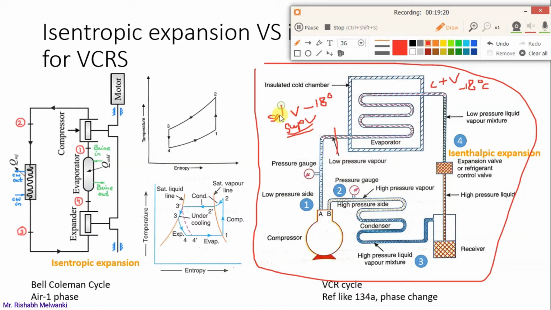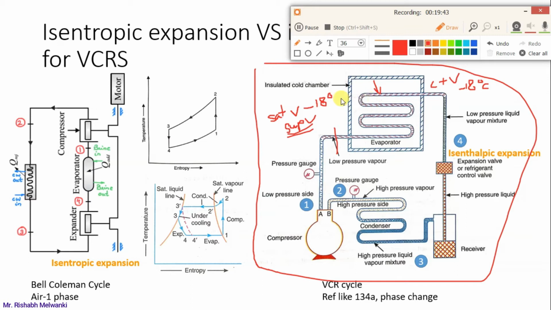Why? Because liquid plus vapor in the vapor dome and saturated vapor have the same temperature, meaning this is the condition of saturation. In this case, latent heat will be absorbed by the refrigerant from the surrounding product or from the human being.